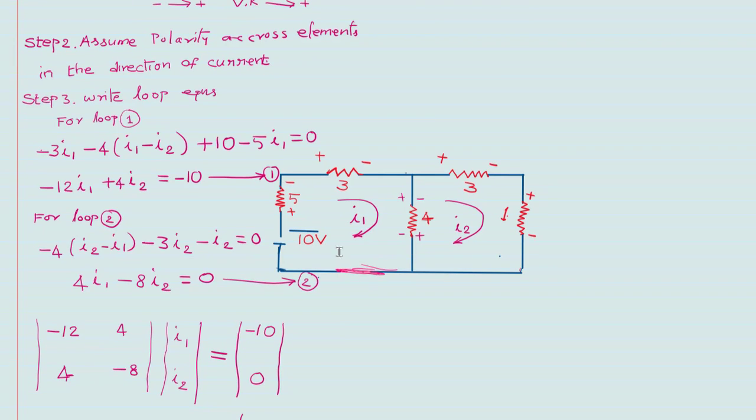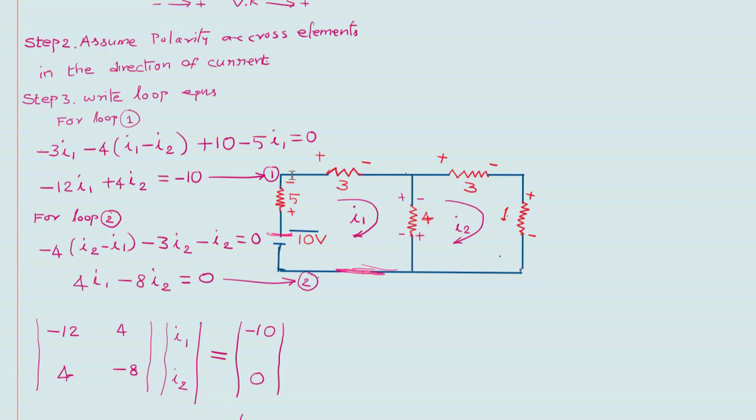So look at this. This is the circuit which is redrawn, and we know the loop 1 current and the loop 2 current. Loop 1 current is I1. In this loop 1, we have to assign the polarity for each element. So we start at some point in the first loop. Let me start at the 5 ohm resistor. I1 first enters the 5 ohm resistor here, so we give the polarity positive first.